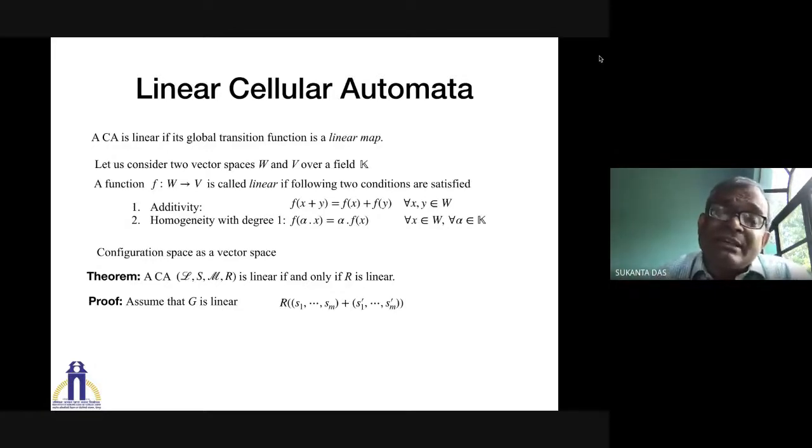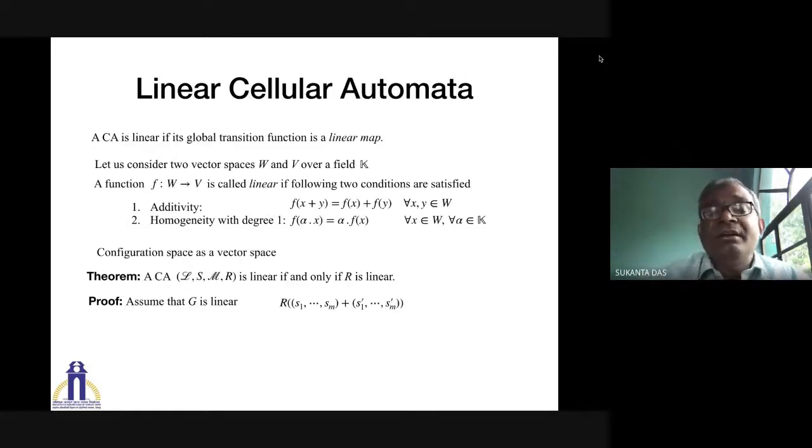Suppose S1, S2, up to Sm is the state sequence of these m neighbors, and for the same m neighbors, the other state sequence is S1 dash, S2 dash, up to Sm dash. So these are the states assigned to the neighbors of a cell I.